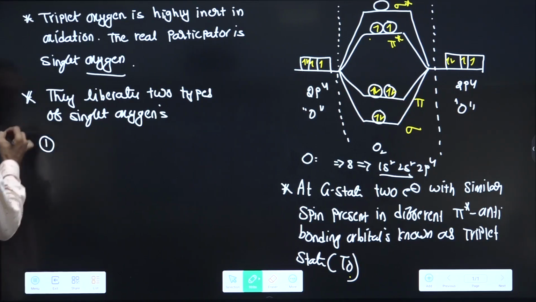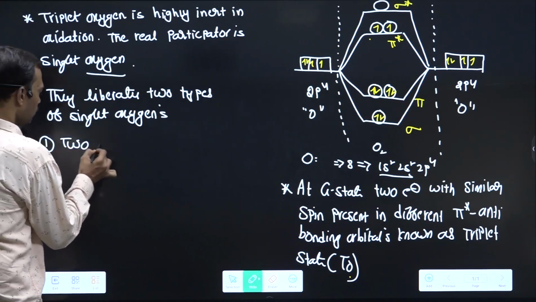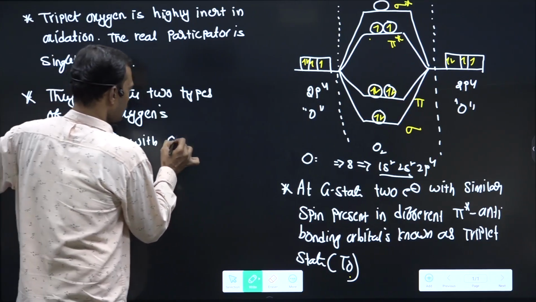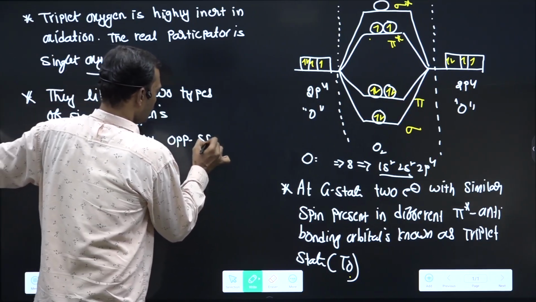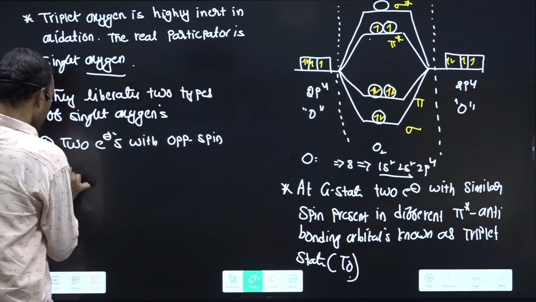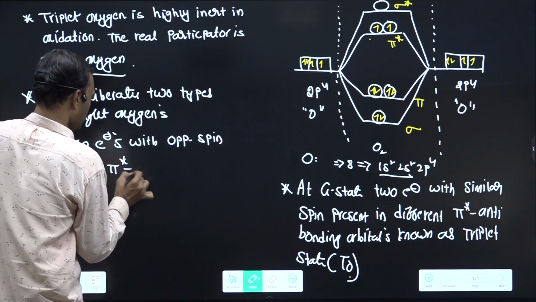First kind: two electrons with opposite spin in one pi star antibonding orbital.